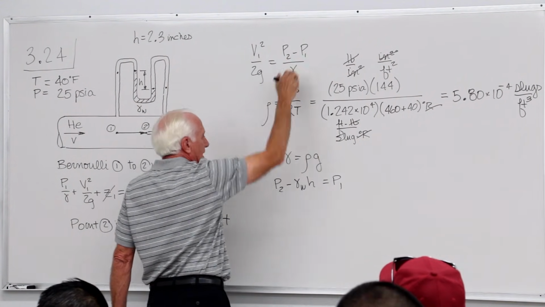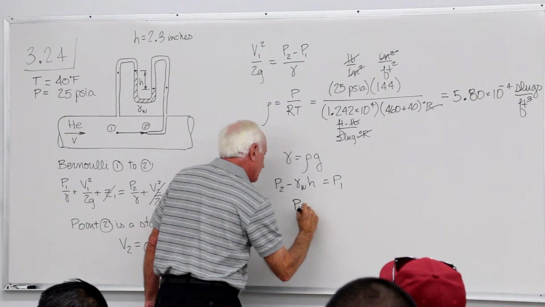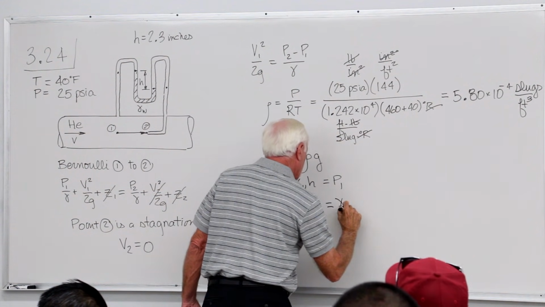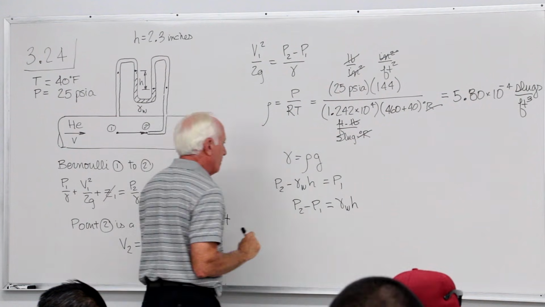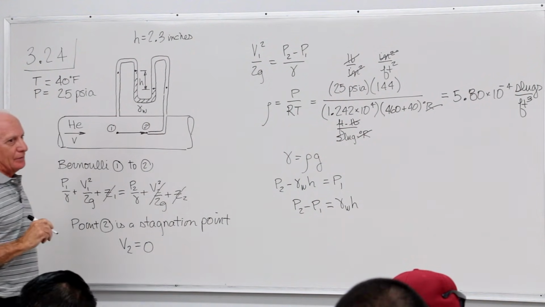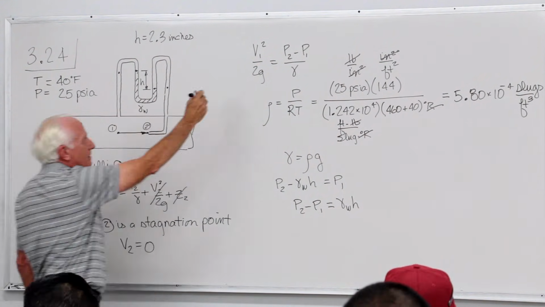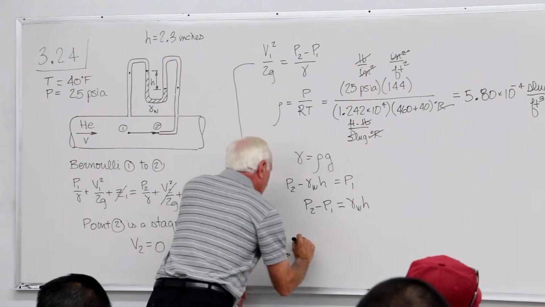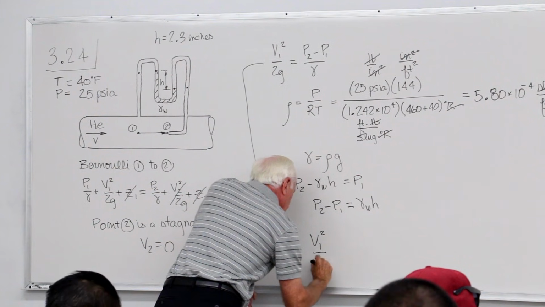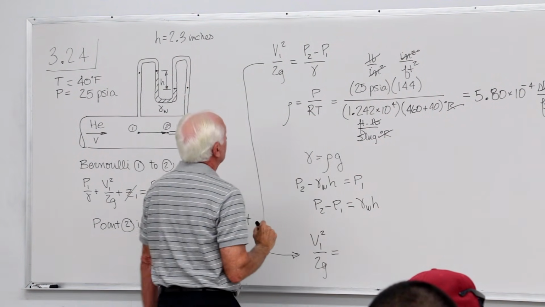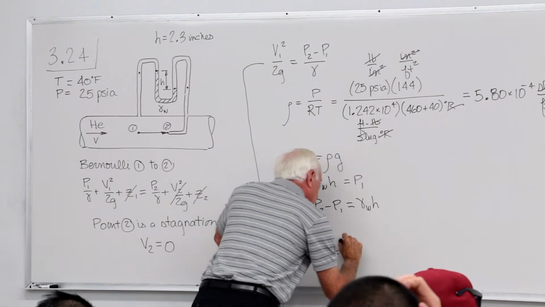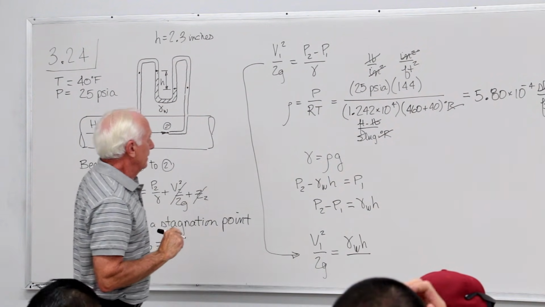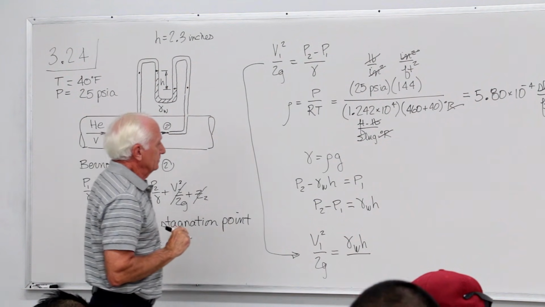So what is P2 minus P1? P2 minus P1 is equal to gamma water times H. So put all that back up here. V1 squared over 2g is equal to gamma water times H divided by gamma.